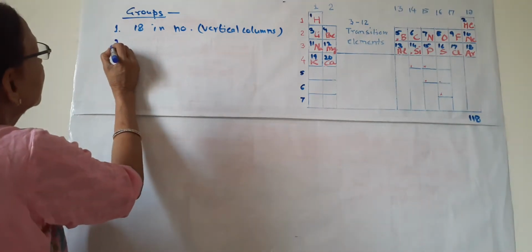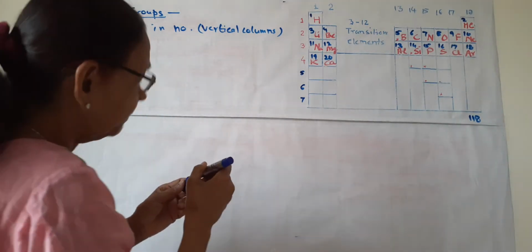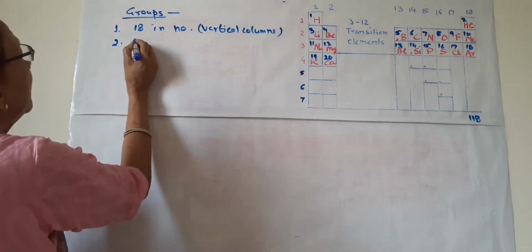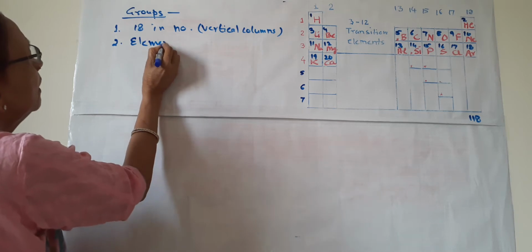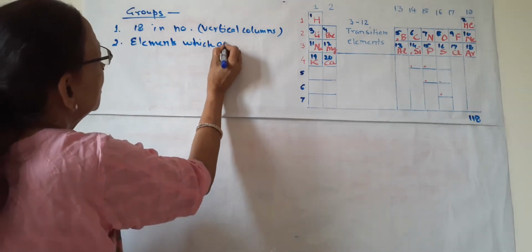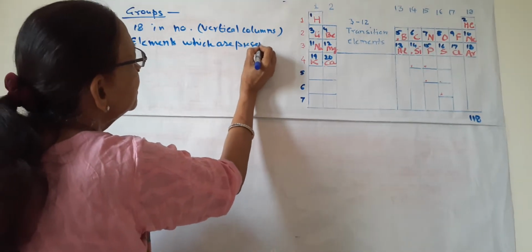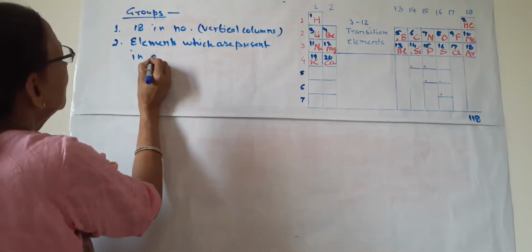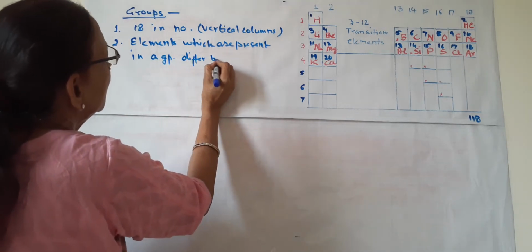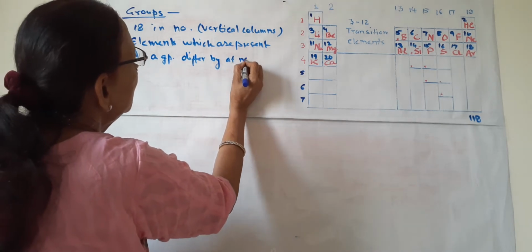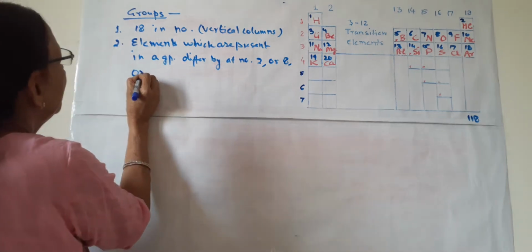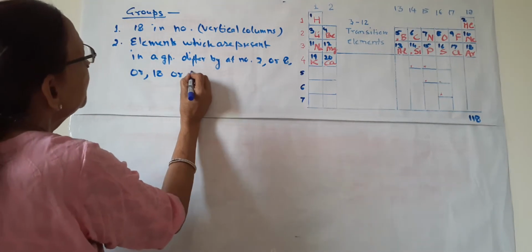The second characteristic of a group is that the elements which are present in a group differ by atomic number 2 or 8 or 18 or 32.